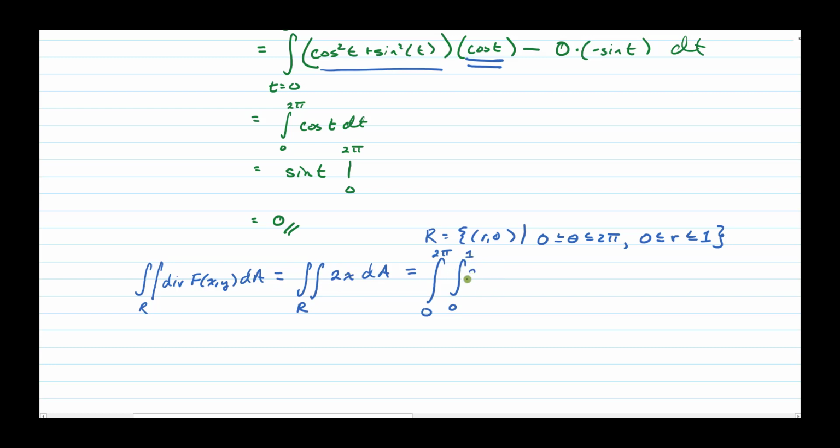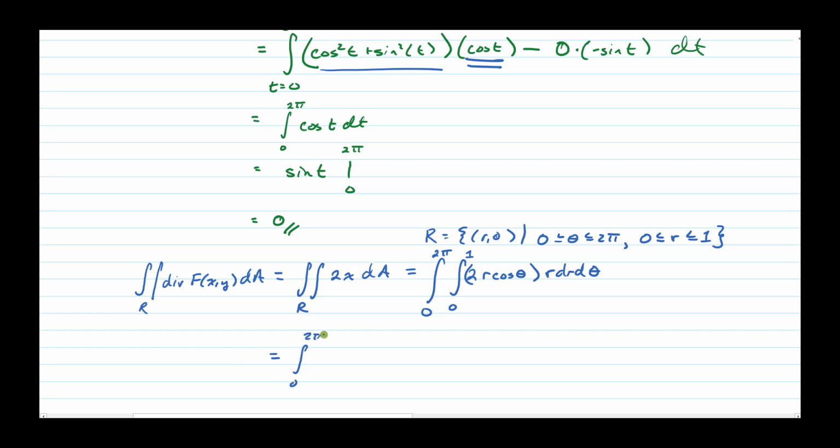And then we have for an integrand 2, and then under the transformation, r cosine theta, that's our integrand. And then the area component is r dr d theta. So there's our dA right here. There's our integrand here, and we're now evaluating the equivalent iterated integral.